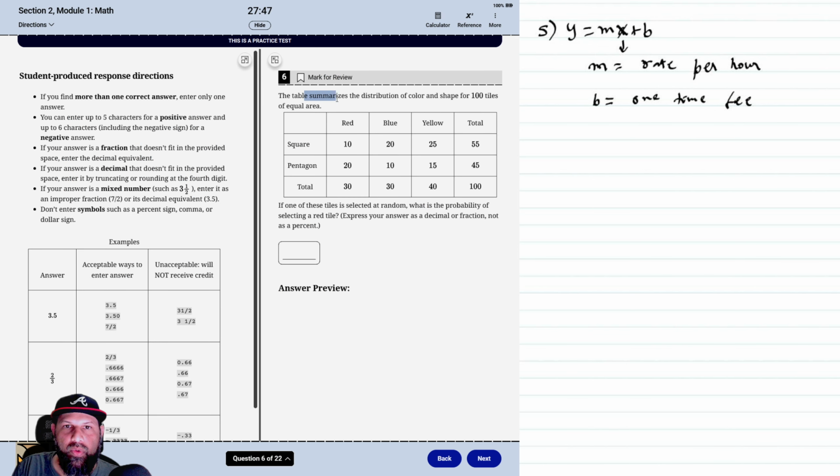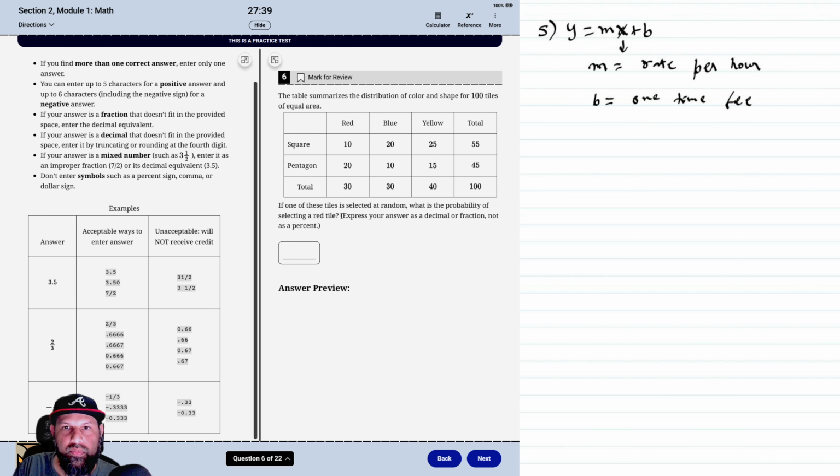Number 6, the table summarizes the distribution of color and shape for 100 tiles of equal area. If one of these tiles is selected at random, what is the probability of selecting a red tile?